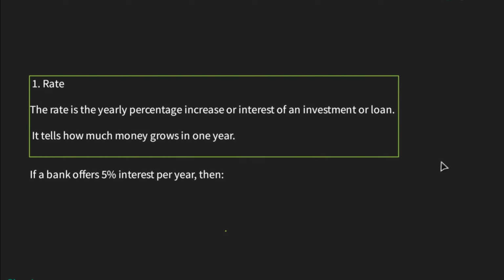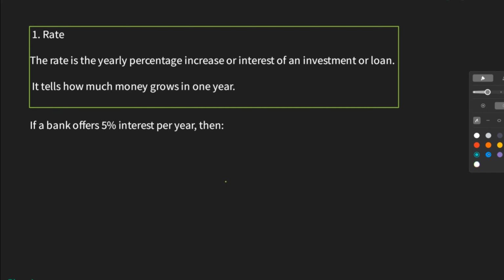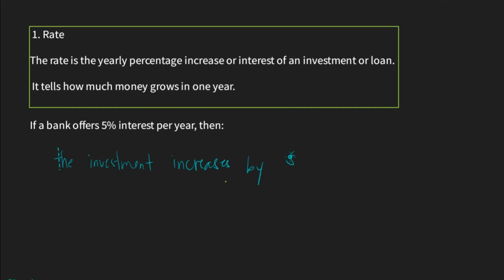For example, if a bank offers 5% interest per year, then it means the investment increases by 5% every year.